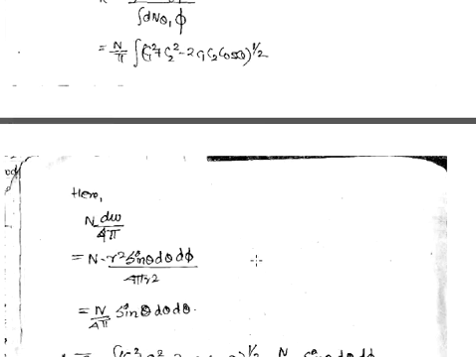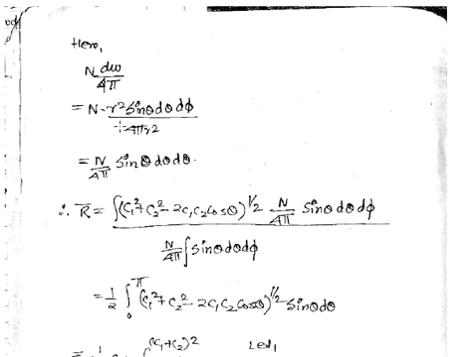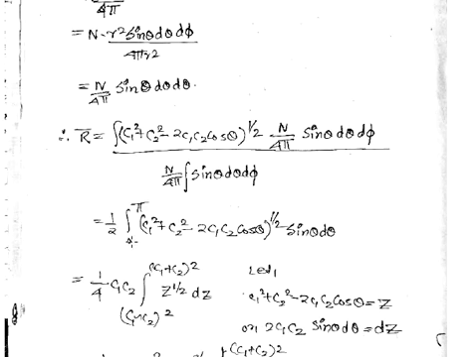Now I'm going to consider n d omega by 4 pi, where d omega equals sine theta d theta d phi in a spherical coordinate system, right? After that I solved it, and by putting the value of n d omega by 4 pi I got this, with the limit from 0 to pi.